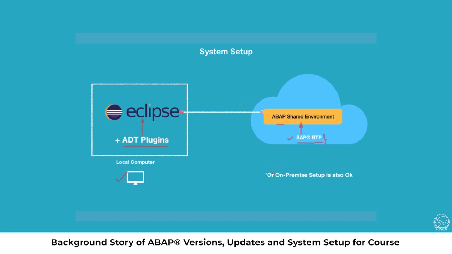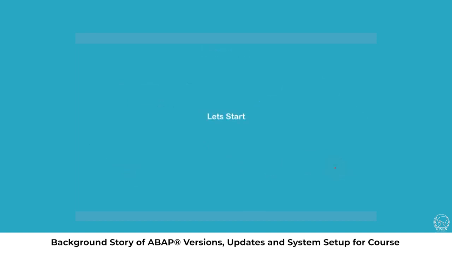Okay, also if you want to use an on-premise system and connect your Eclipse, that is also going to be okay. But make sure this on-premise system has the capability for the 7.4x and 7.5x syntaxes of ABAP, which we will cover within this course. Okay then, so enough about the background and the theoretical parts. Let's start with ABAP programming and see some action.